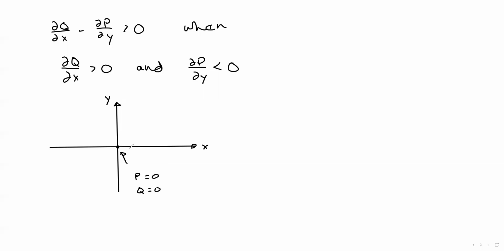All right, so if we pick these apart individually, starting with the first one, Q is the y component. So as we move in the x direction, the y component, which is Q, should increase. As we move this way, the y component should increase.